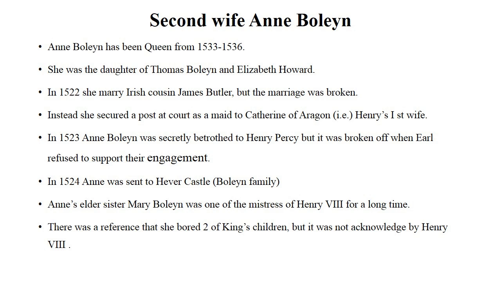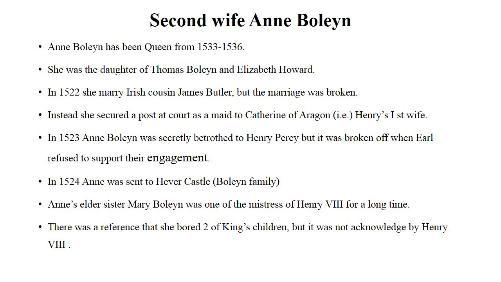She was the daughter of Thomas Boleyn and Elizabeth Howard. Before marrying Henry VIII, in 1522 she was to marry her Irish cousin James Butler. She thought of marrying that man, but the marriage was broken. Instead, she secured a post at court as a maid to Catherine of Aragon, Henry's first wife.